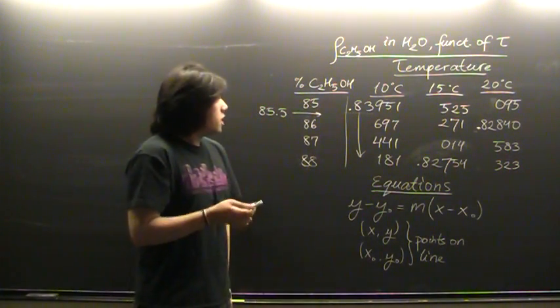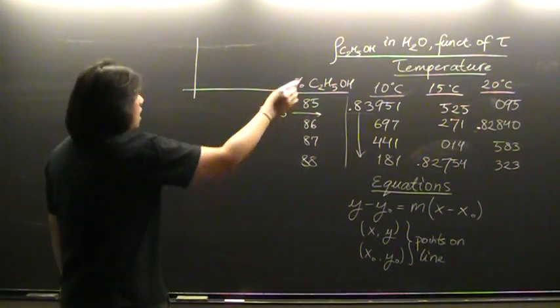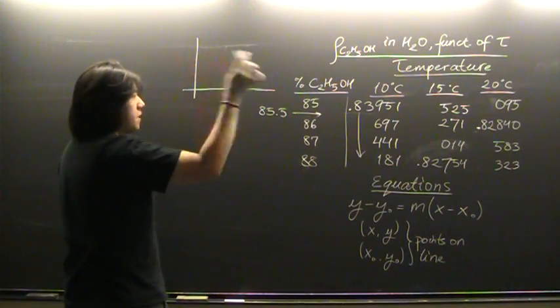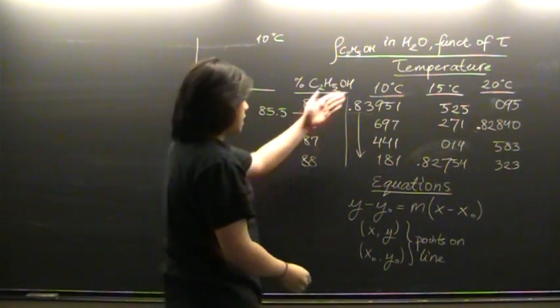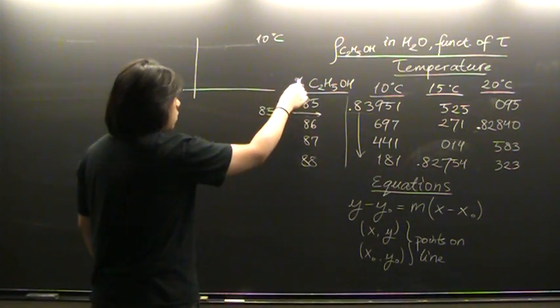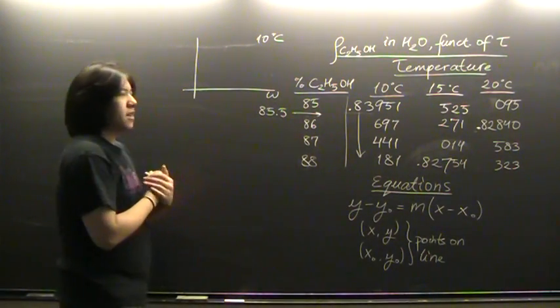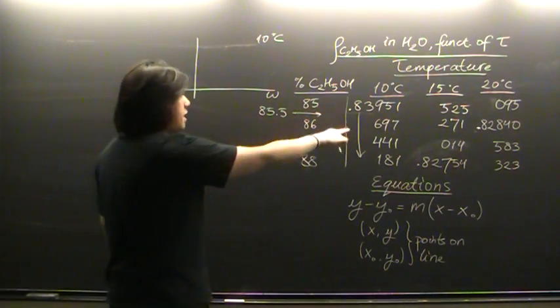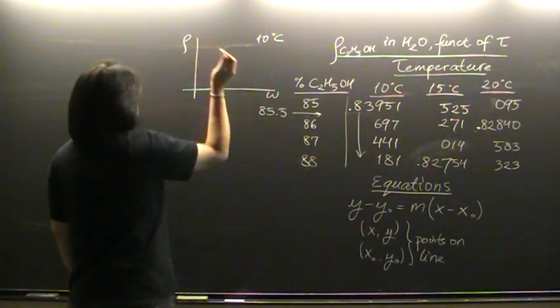So we can imagine for a second that we have a graph. And this is at fixed temperature at 10 degrees C. So we're only considering the data in this column. Let's treat the weight percent ethanol, let's call it some variable W, like the x value if you will, and then the specific gravity as the y value, which we're going to call rho, because it's specific gravity.